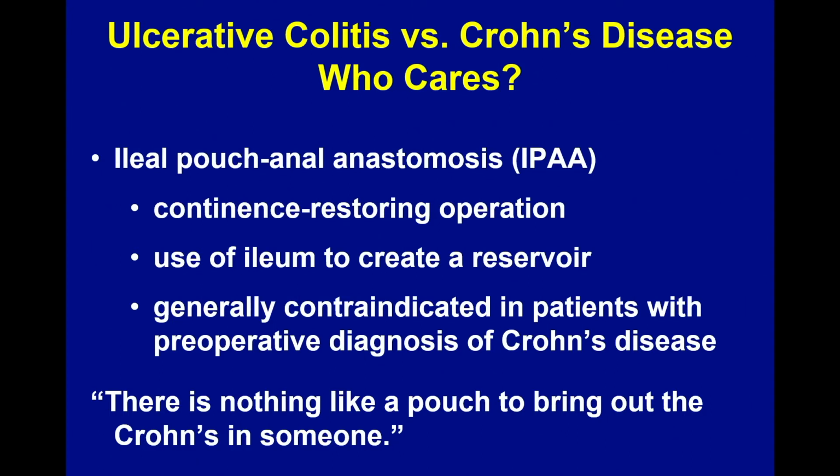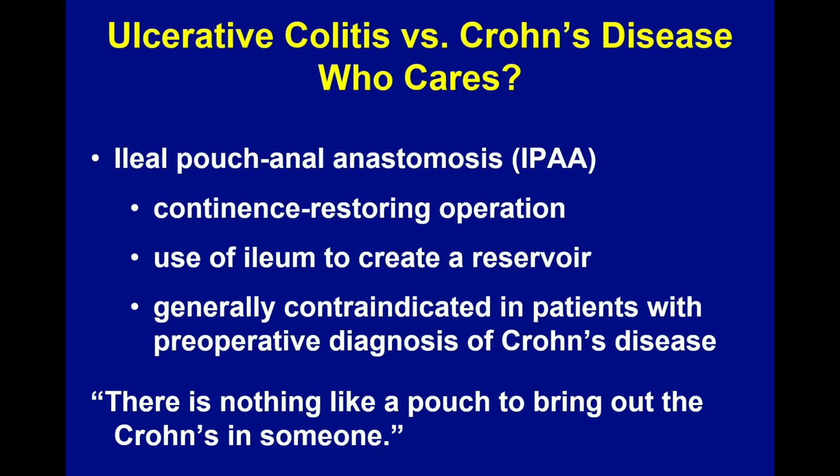Is everybody somewhat familiar with that? The name kind of says it all, but basically what they do is they take the terminal ileum and they make a pouch out of it, and then they do an anastomosis. It's actually not an anal anastomosis. They actually leave a little bit of rectal mucosa, which I'll talk about a little bit later, to make that, and it makes the anastomosis a lot easier. So basically it's a continence restoring procedure, so the patient doesn't have to have a bag.